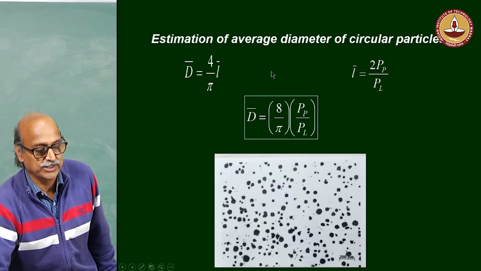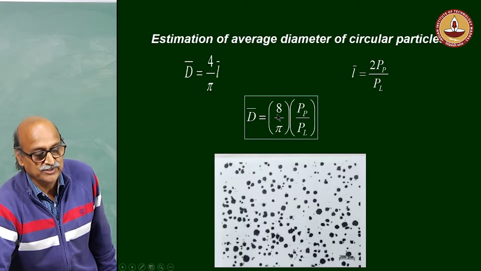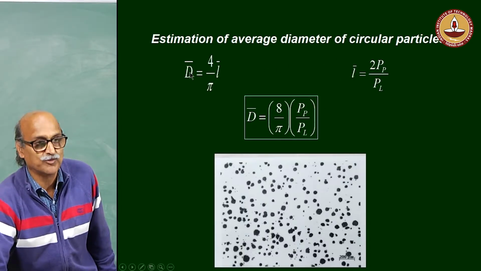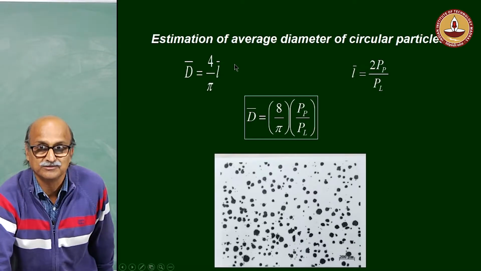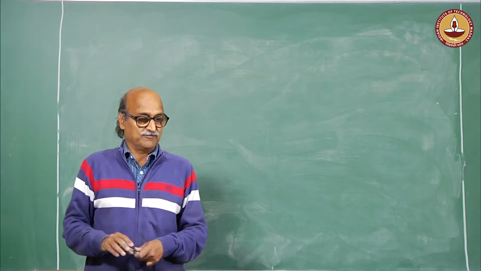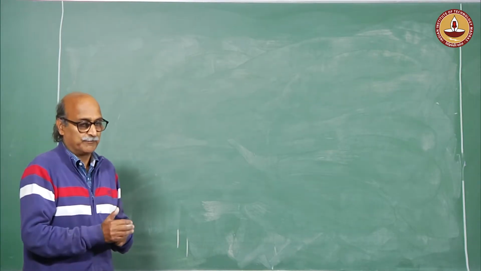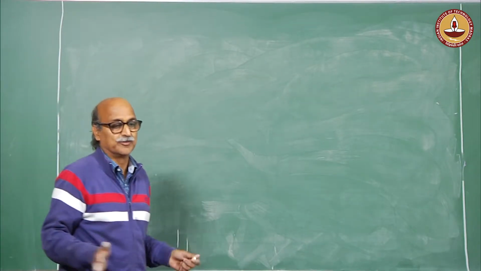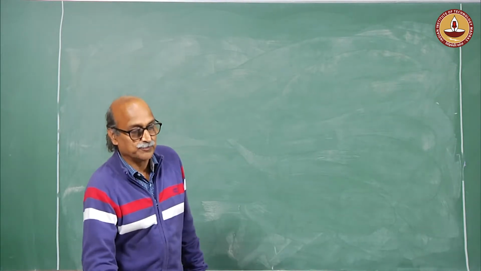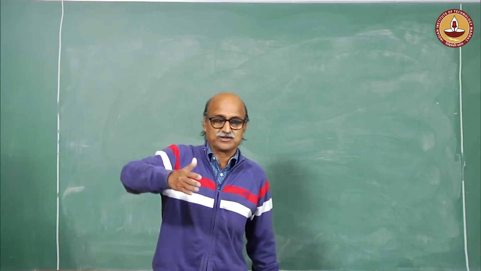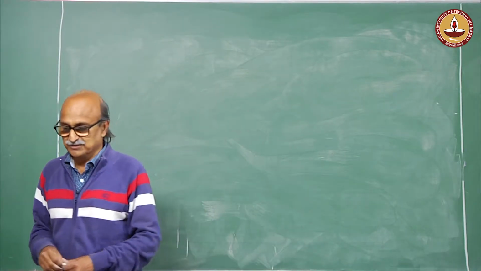Now, I am trying to get this. In order to get this, I have to somehow relate the particle size to the mean intercept length. If I have circular particles, I am assuming circular particles here, then what is the relationship between the diameter of the particles and the mean intercept length?